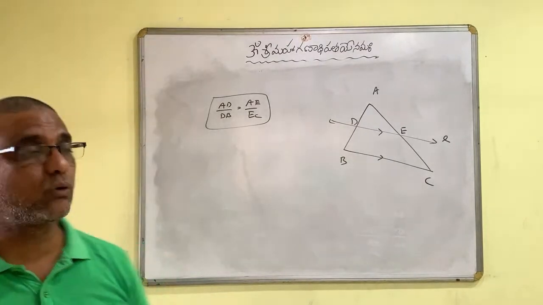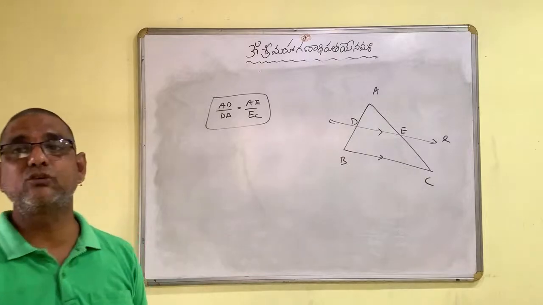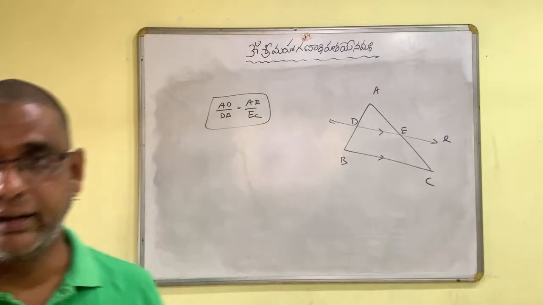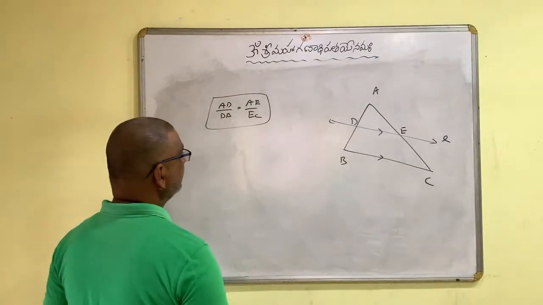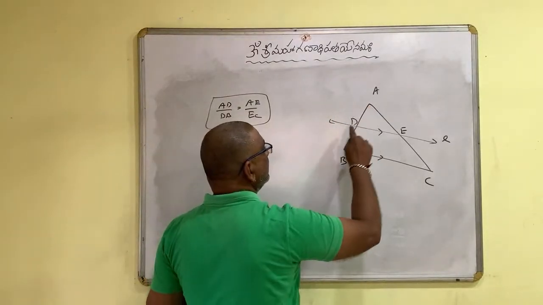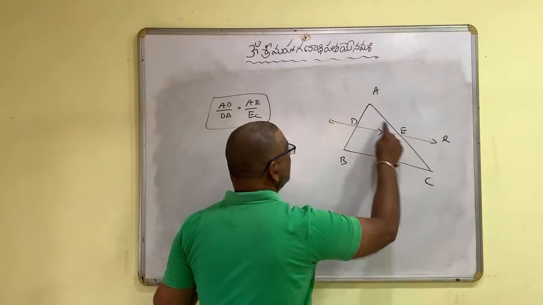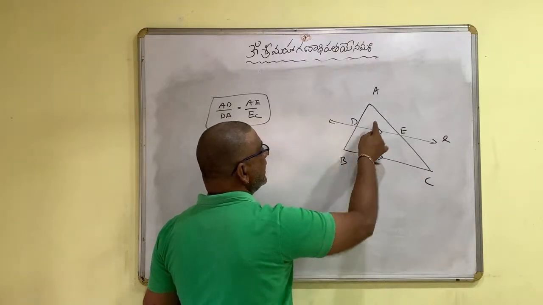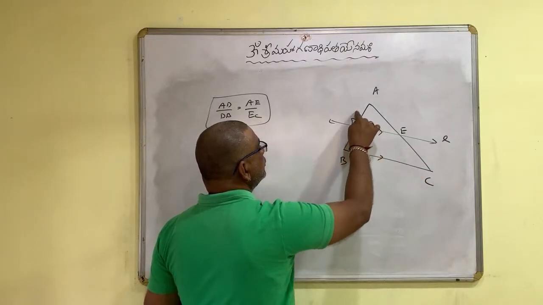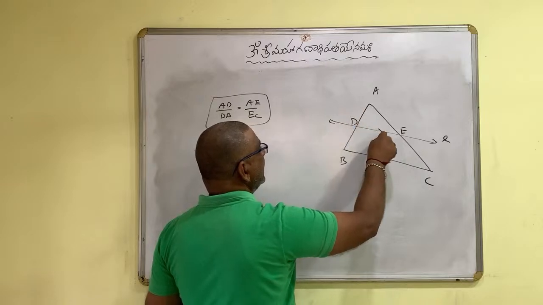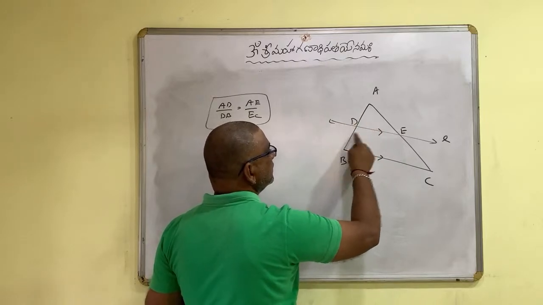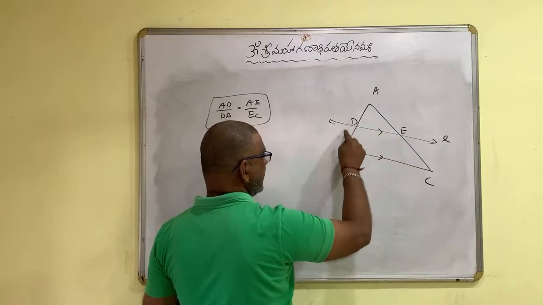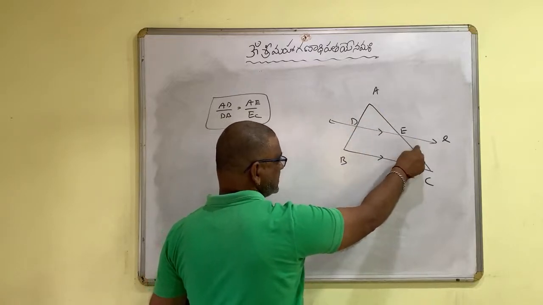But this has four corollaries. What are they? Look, line L intersects AB and AC and divides them into two parts. Line L divides AB into 2 parts and AC into 2 parts: AD, DB, AE, EC.